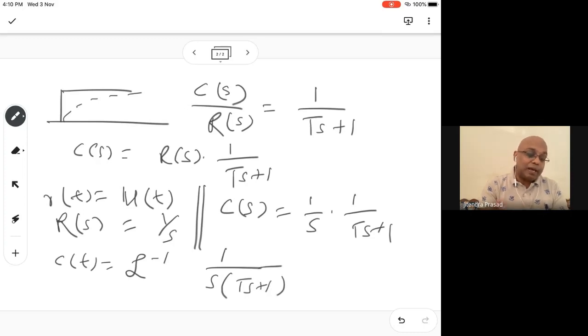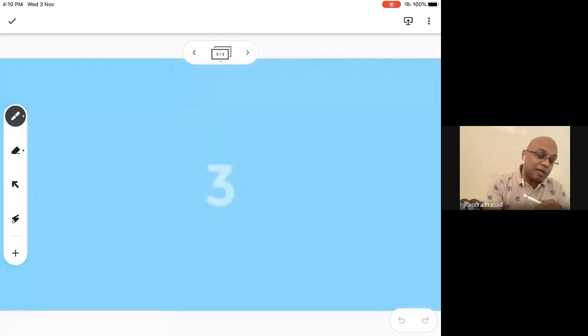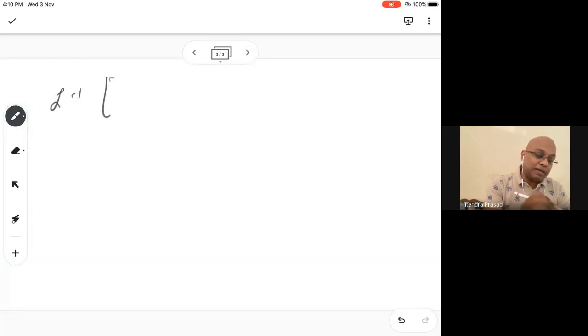We can expand this in partial fractions: Laplace inverse of A over s plus B over (Ts plus 1).